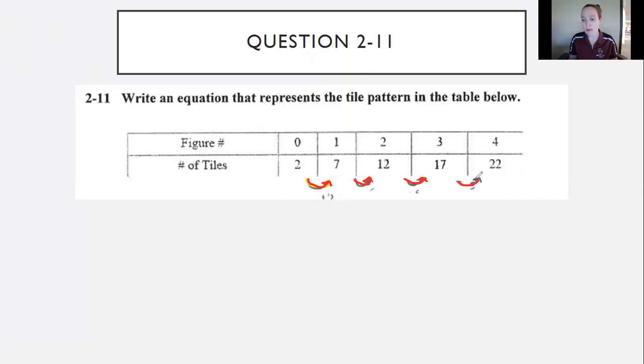Look at 2, 7, 12, 17, 22. What are you adding each time? Well, I hope we all see that we're adding 5 each time. So we're adding 5, we're adding 5, we're adding 5. That means figure 0 had 2 tiles, figure 1 had 7.